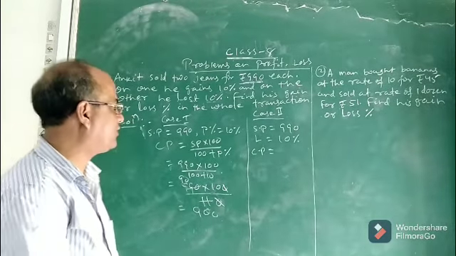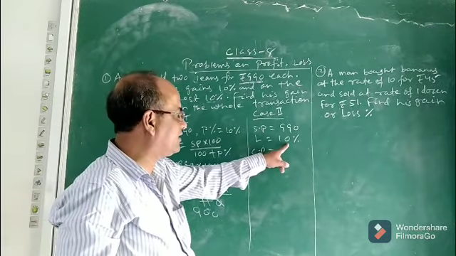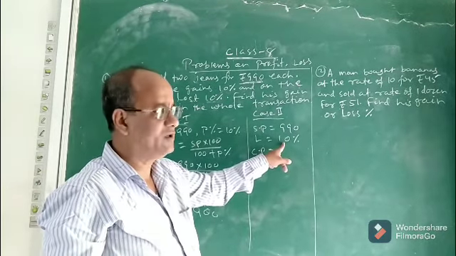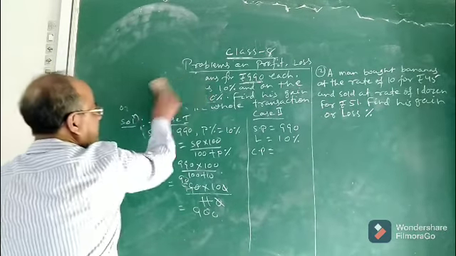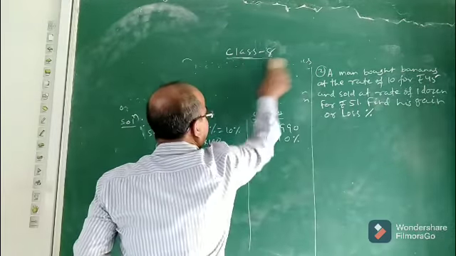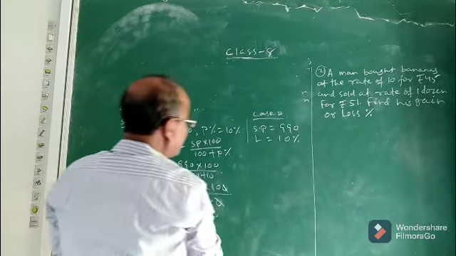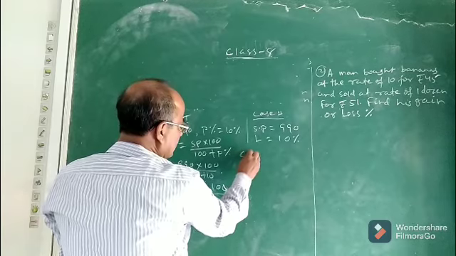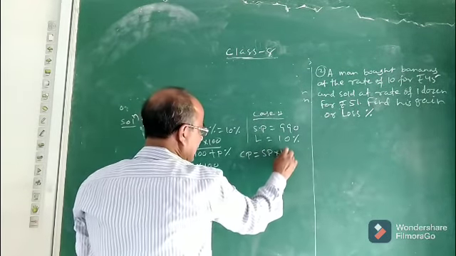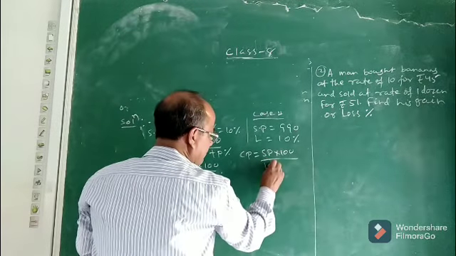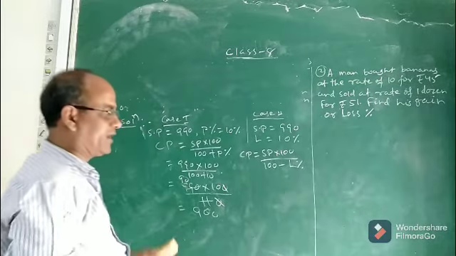Now we have to find the cost price of the second jeans, because on selling the second jeans Ankit is losing 10%. Again we will use the same formula. So in case 2, CP equals SP into 100 by 100 minus loss percent, because you are given the loss percent and selling price.